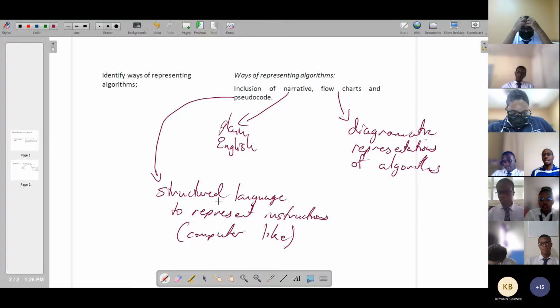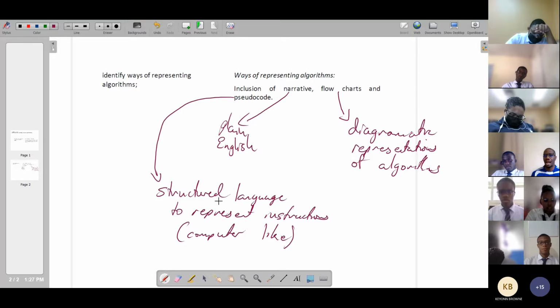So it looks like something that could be executed on a computer, but let's say, for instance, Anaya knows C and Jeremy knows Java, right? And John Michael knows Python. And they just want to brainstorm with each other to come up with a solution for a particular problem that is eventually going to be executed on the computer.